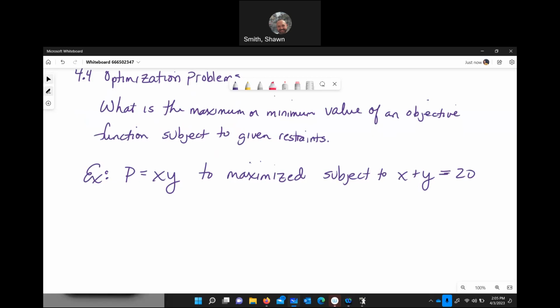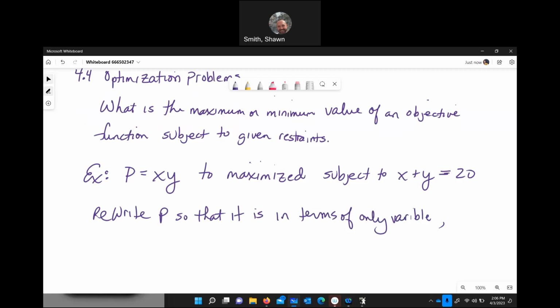So we're going to rewrite P so that it is in terms of only one variable, using the information in the constraint equation.